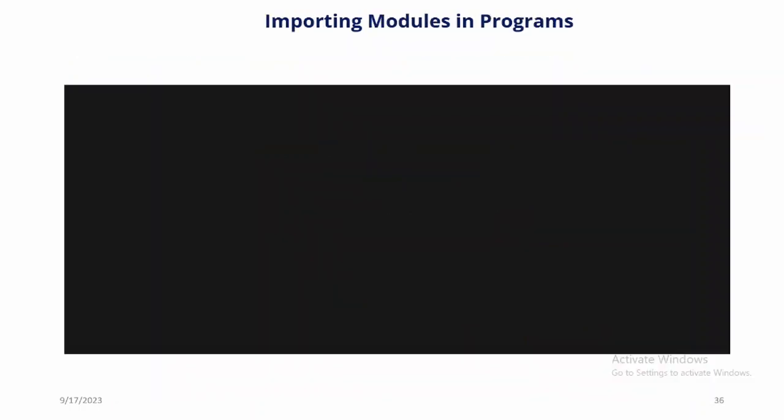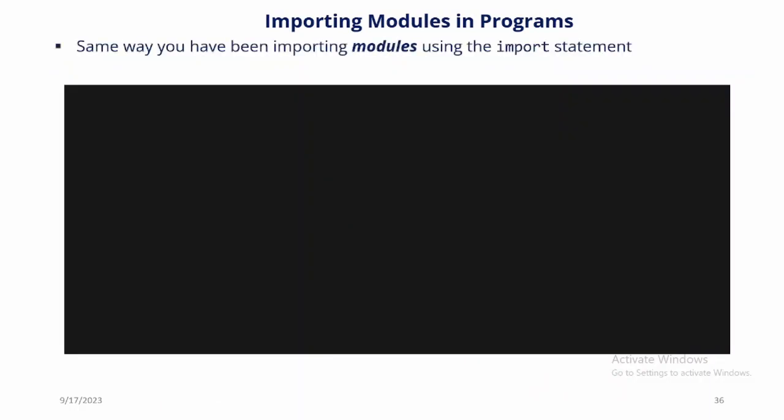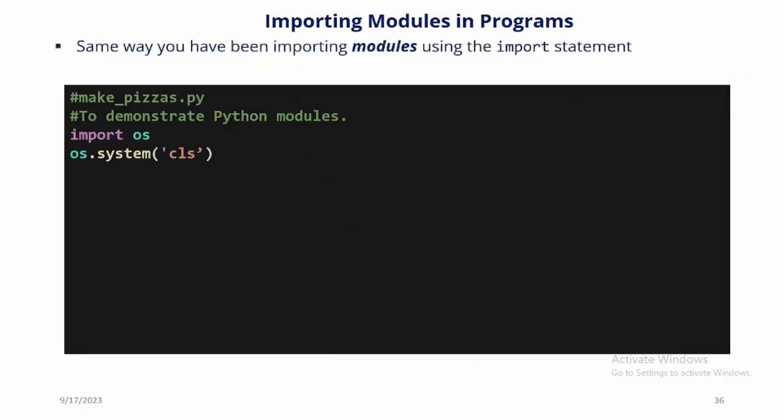So after you create the module, how do you import them into your program? The same way you have been importing other modules into your program. Now when you want to import your own modules, but there are some system modules that you need to import, it is advisable to import the system modules first. Then you can import your module.